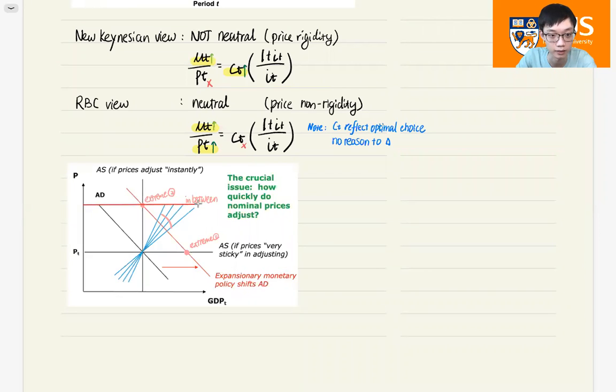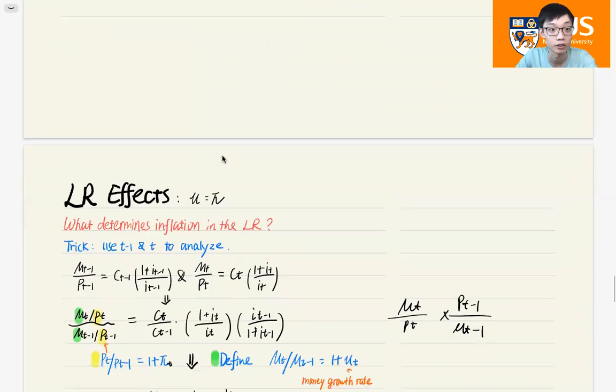Price will become like this. So as long as the thing goes up here, right, then price will go up here. So that's also another extreme. So that is the intuition we have for the short run effect.